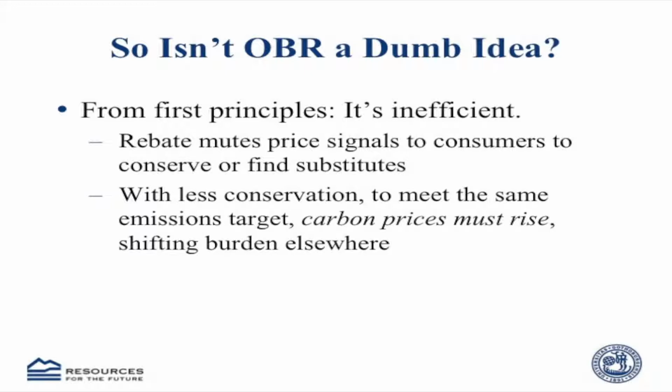And if you have a larger cap and trade scheme, that's also going to shift the burden around. So if you have rebating for some sectors, they're doing less, that means the carbon price is going to rise, other sectors are going to have to do more work.